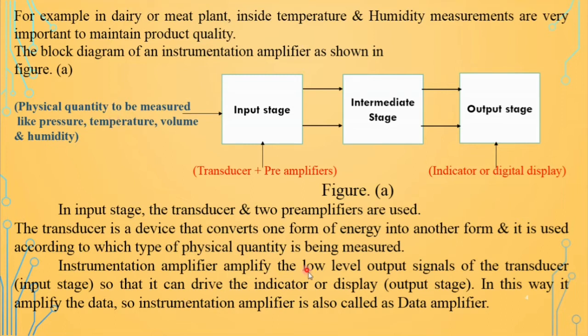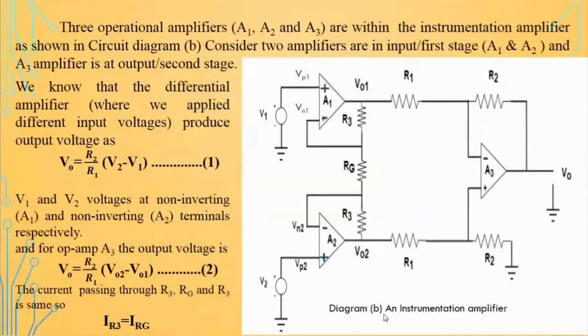The instrumentation amplifier amplifies the low level output signal of the transducer at the input stage, so that it can drive the indicator or display at the output stage. In this way, it amplifies the data. So the instrumentation amplifier is also called a data amplifier.